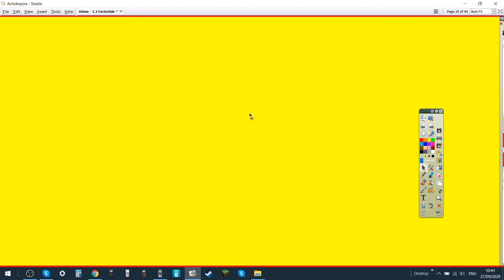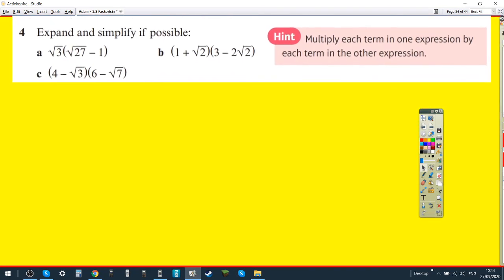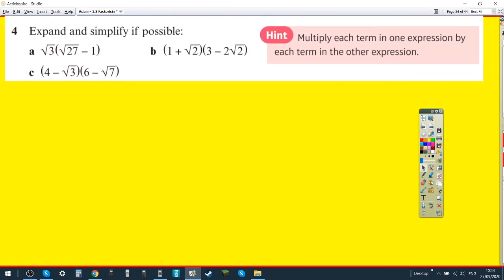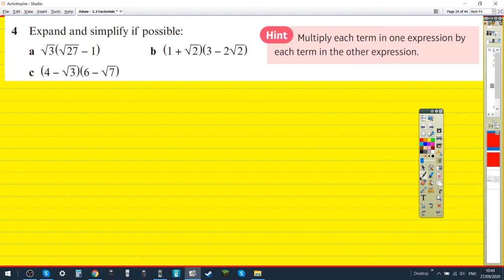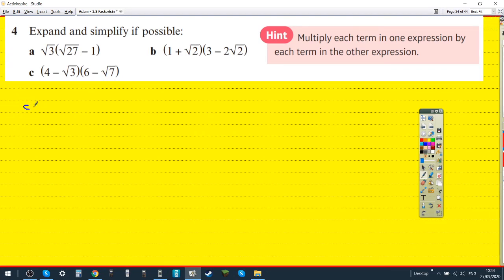What is question C? So it would be 24 minus. Could you times the 4 by the square root of 7? What do you get? Would it just be 4 root 7?